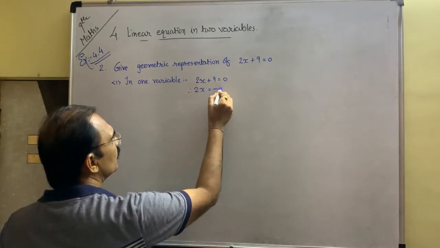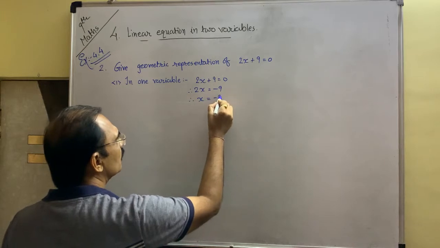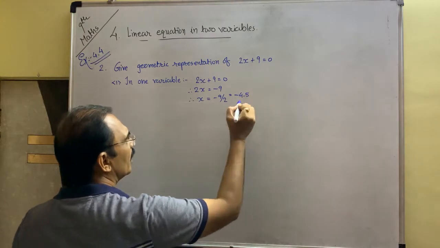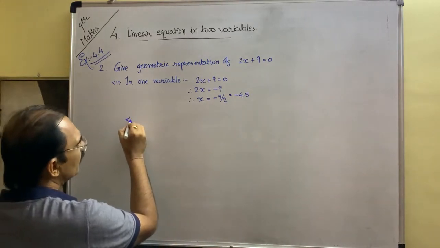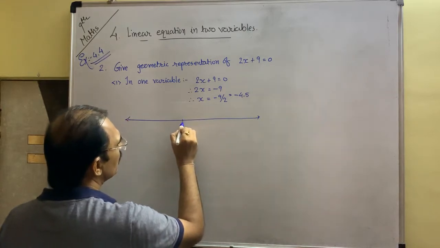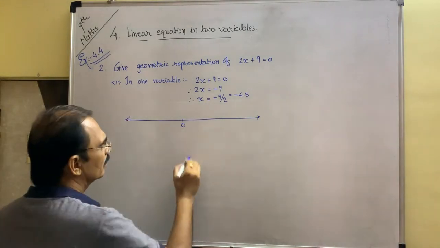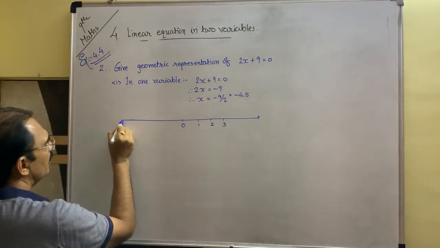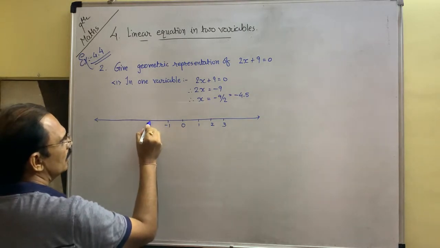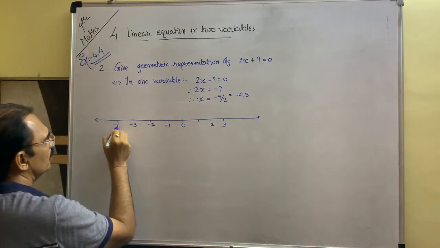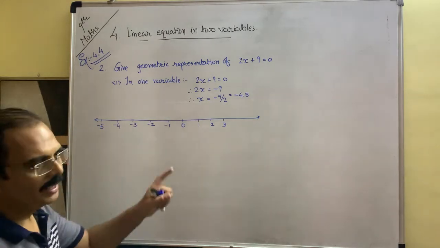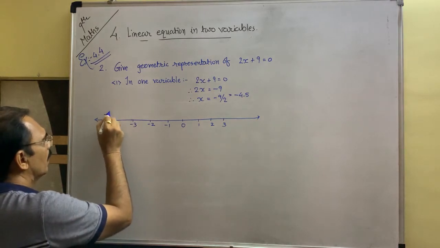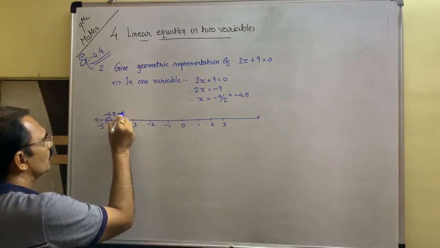So 2x plus 9, move to the other side, it will be minus 9. So x equals to what? Minus 9 by 2. Actually it is minus 4.5. For one variable, it can be plotted on the number line. Here I need minus, so plus is not necessary. Minus 1, minus 2, minus 3, minus 4 and minus 5. In between minus 4 and minus 5 there is minus 4.5. So this is your point. Minus 4.5 equals to x.